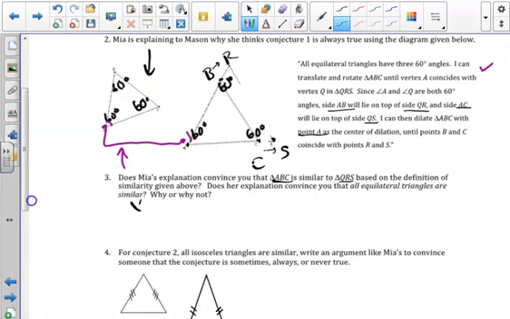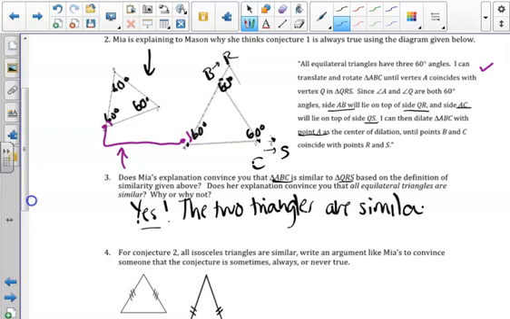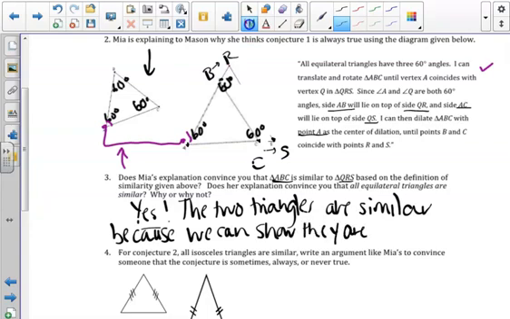So yes, we can show that the two triangles are similar because we can show they are congruent based on a set of transformations.